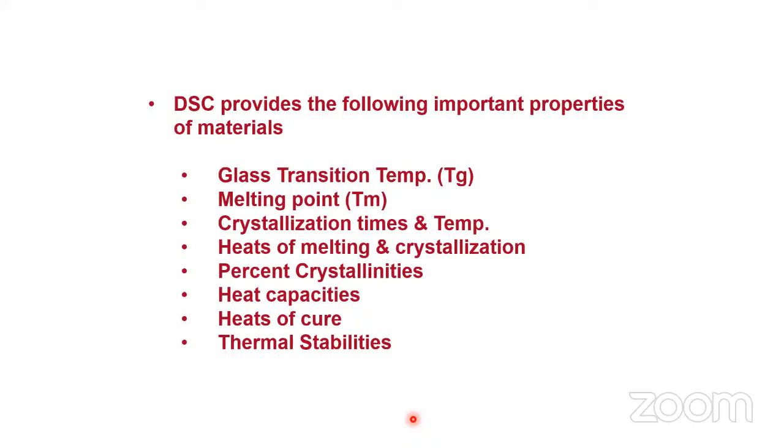Second is the melting point, then crystallization time and temperature, heat of melting and crystallization, then the percent crystallinity present in your polymer, meaning to what extent your polymer is crystalline, which can be identified using differential scanning calorimetry. Then heat capacities, heat of curing, and thermal stabilities of your polymeric material. So all these kinds of tests can be performed using DSC analysis.